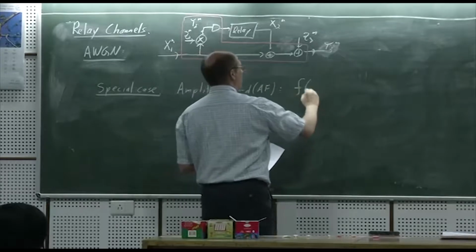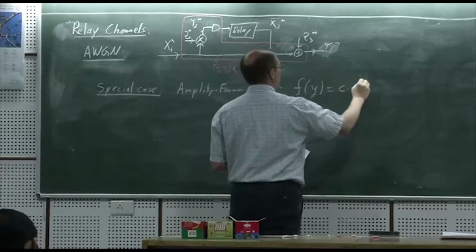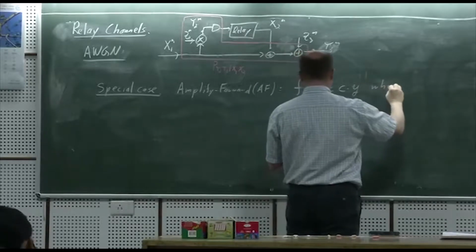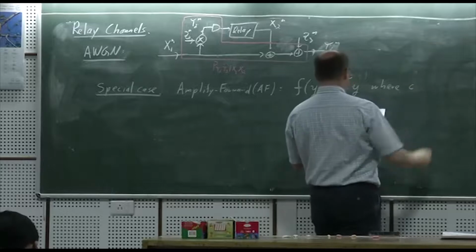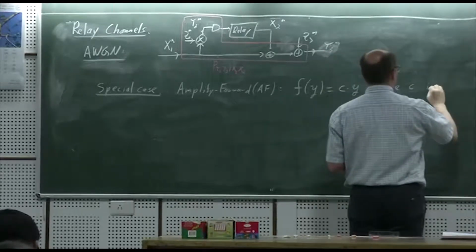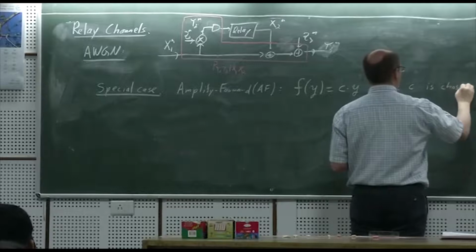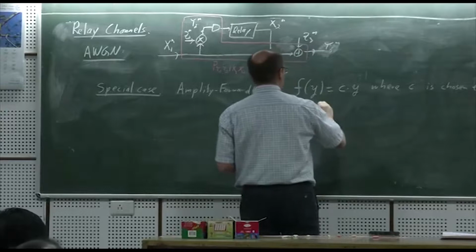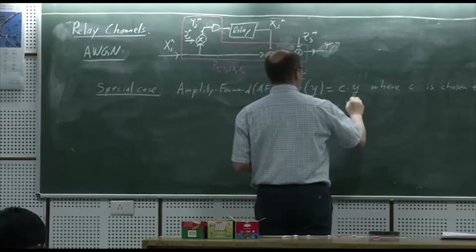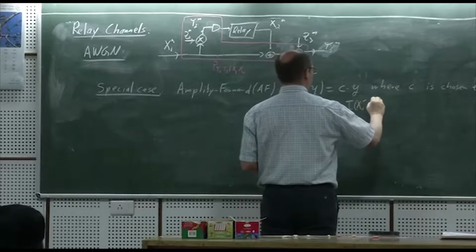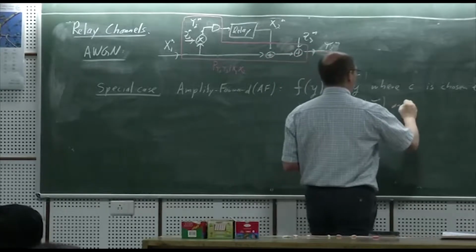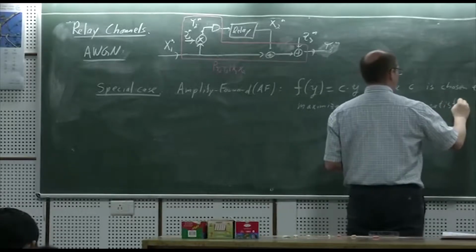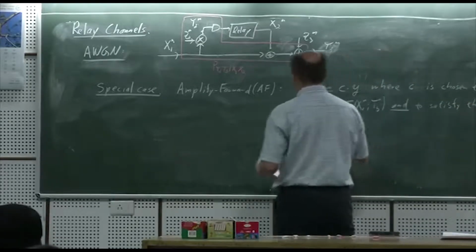Here the function of y is just chosen to be some constant c times y, where c is chosen to maximize the rate I of x1n to y3n, and to satisfy the relay's power constraint.